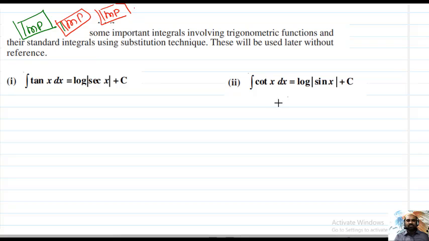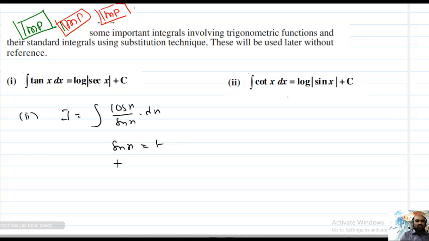Like that, integral of cot x should be remembered as log of sin x plus c. Proof is easy for us. Take I equal to integral of cos x by sin x into dx. Here sin x is taken as t, so cos x into dx equals dt.